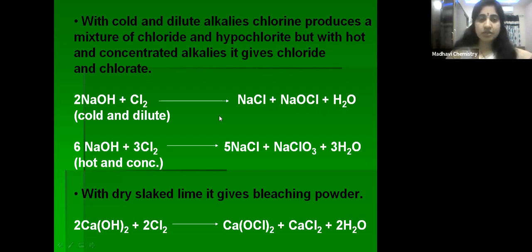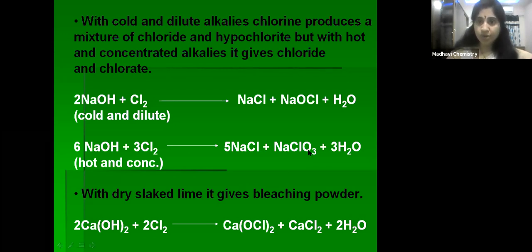Next, chlorine when it reacts with hot and concentrated alkali. We'll consider hot and concentrated sodium hydroxide. When it reacts with chlorine, it gives NaCl plus H2O as in the above reaction. But what is the different product that we get? That is sodium chlorate, NaClO3.